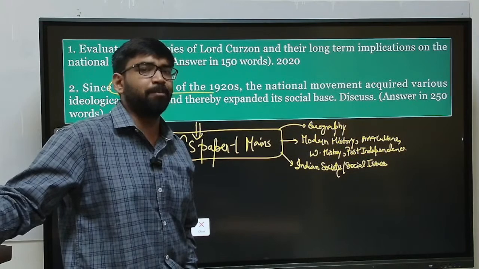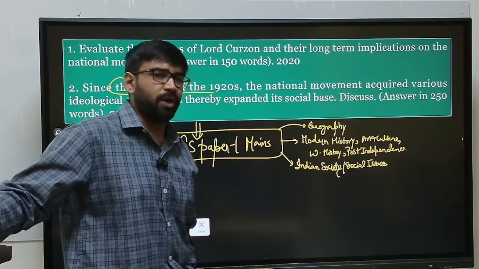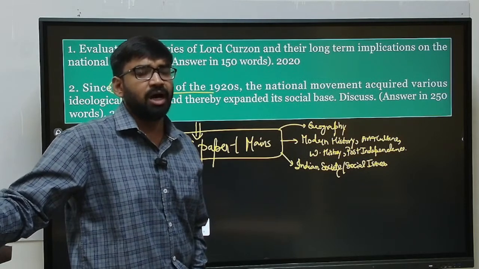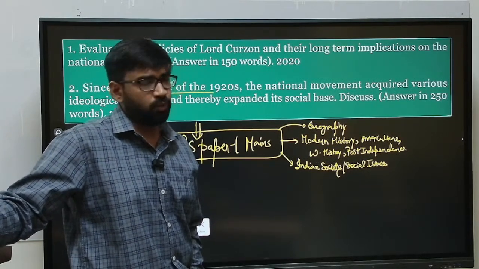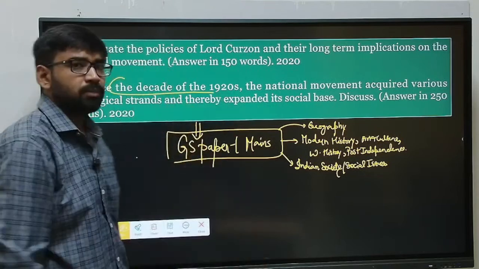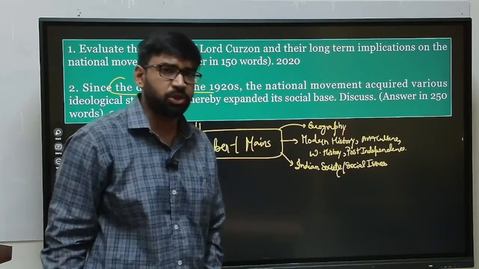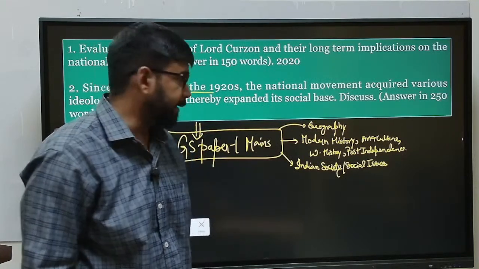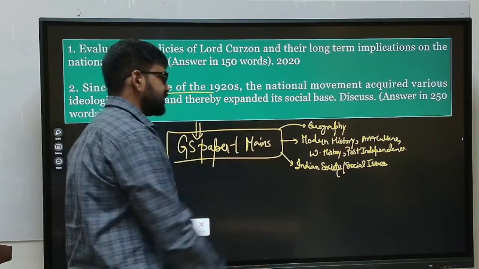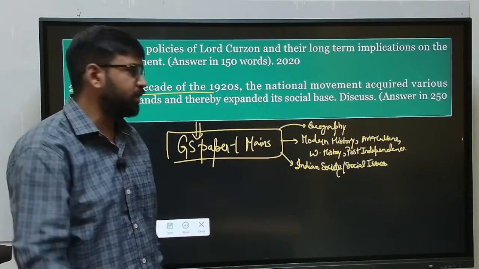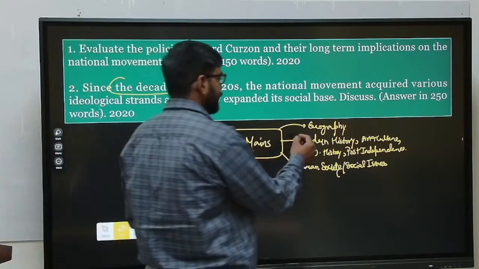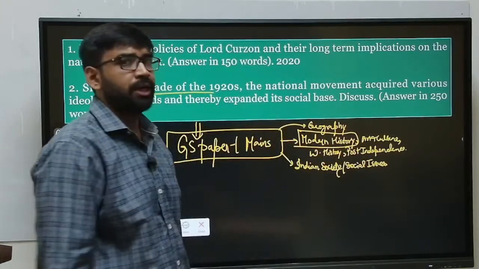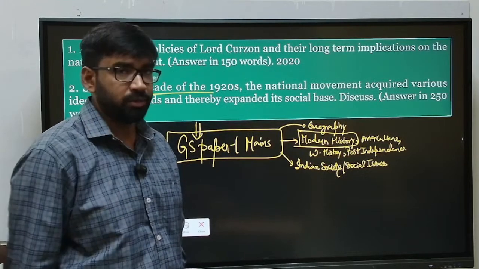There were two important questions. One question was of 10 marks, that is you have to write 150 words. Another question was 250 words, as you can see here. These two questions have been asked in UPSC paper in 2020 mains examination. Modern history is one of the most important topics in your GS paper 1.